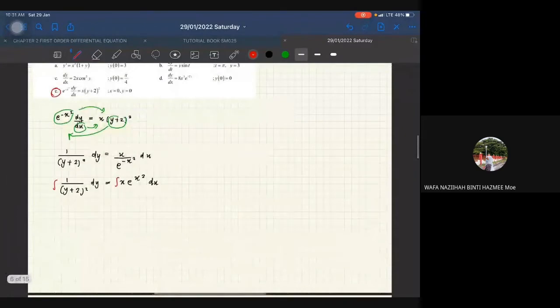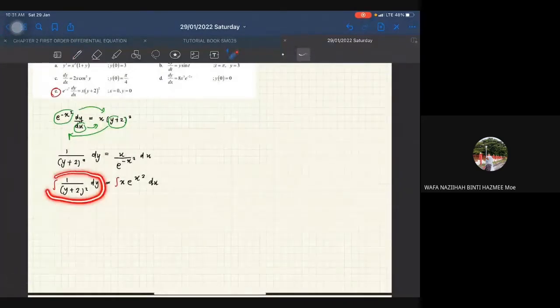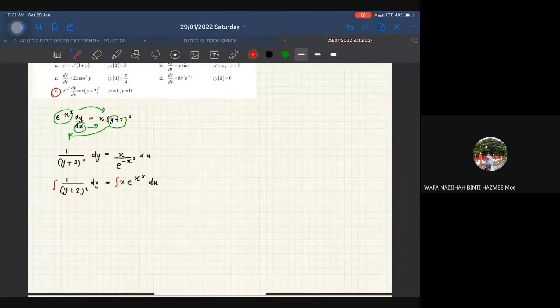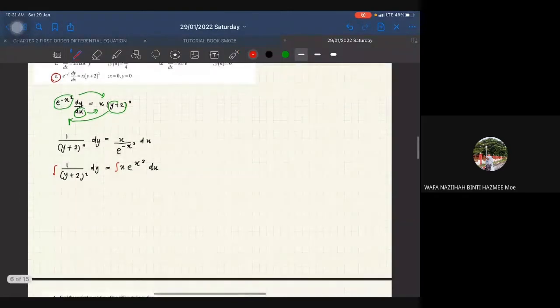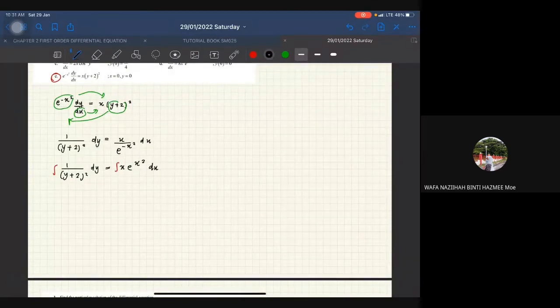Okay, so tengok belah kiri. This one, macam mana awak nak integrate dia? Apa hasil integration dia? Nak kena guna apa-apa method ke? Ke boleh integrate directly? Azika?